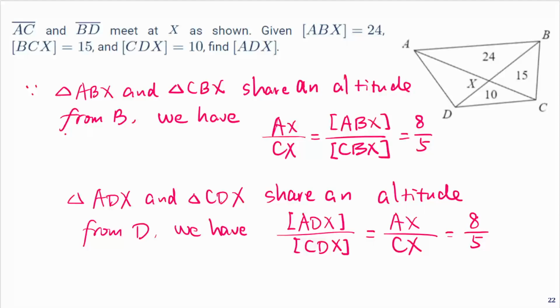So can you find the area of triangle ADX now? So we know the area of triangle ADX should equal 8 over 5 times the area of CDX, right? Can you follow me? Which is 16.